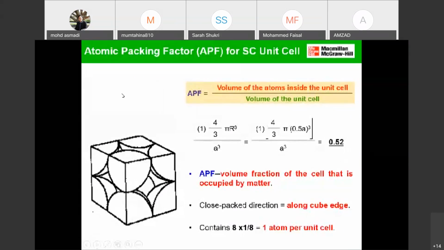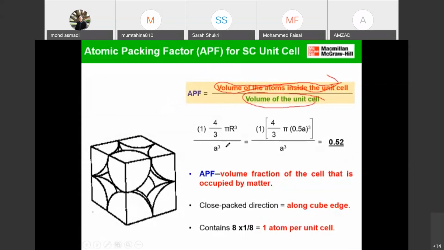So how do we calculate the atomic packing factor, which is the fraction occupied by matter or the atoms? The atomic packing factor is equal to the volume of atoms inside the unit cell divided by the volume of the unit cell.